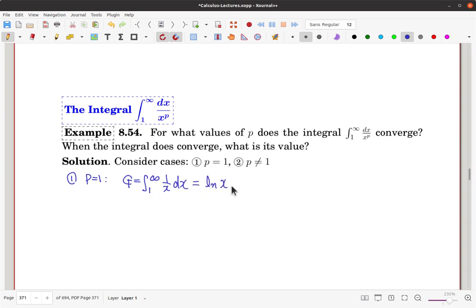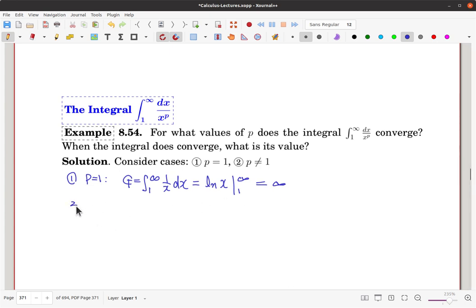It's positive, so you don't have to put the absolute sign, from 1 to infinity. Again, the infinity means that there's a b, and you consider limit b approaches infinity. For this one now, logarithm infinity is infinity, logarithm 1 is 0, so that becomes infinity. So it is divergent when p is 1.